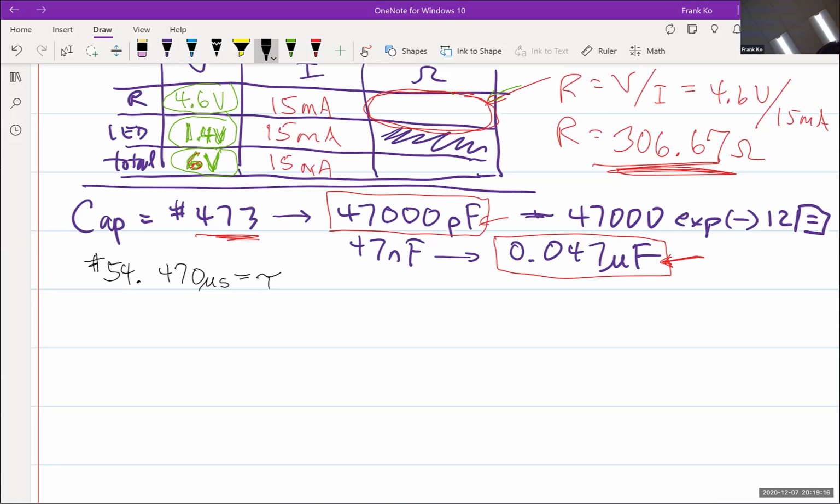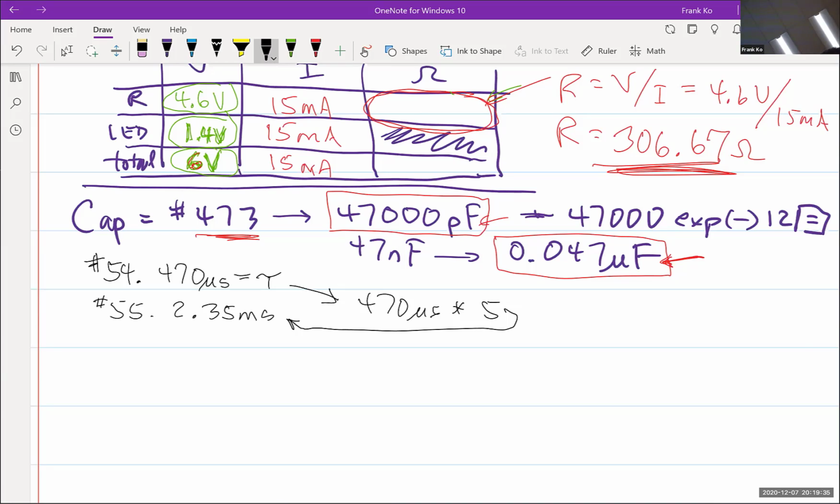And number 55 should work out to be 2.35 milliseconds, because it's your 470 microseconds times 5. Are we good with that so far?